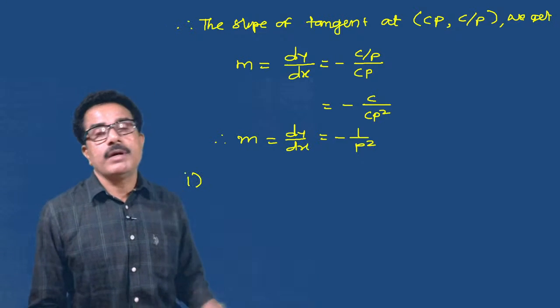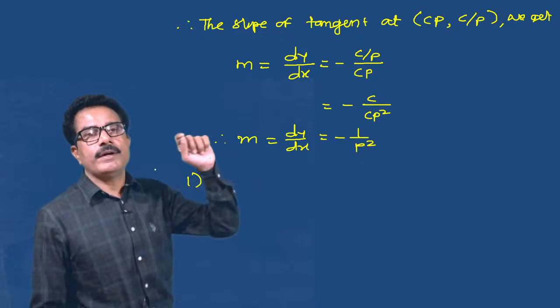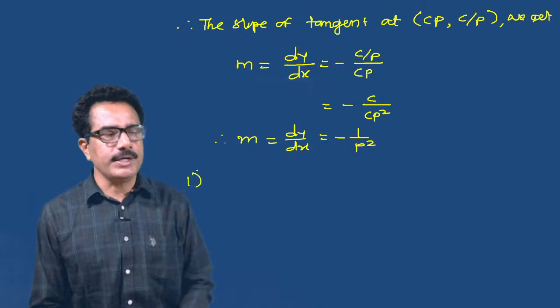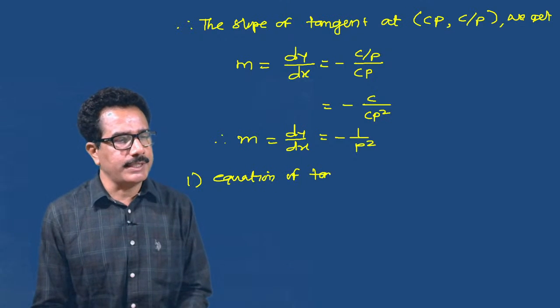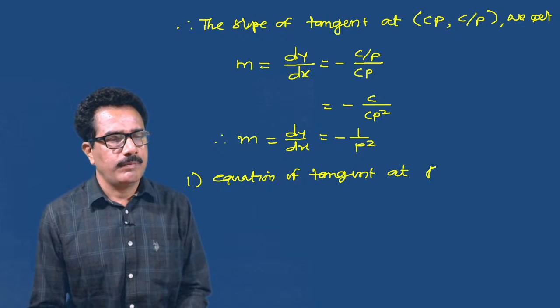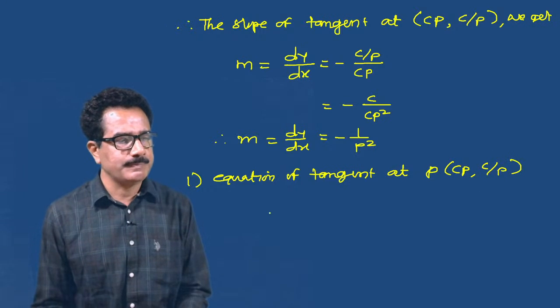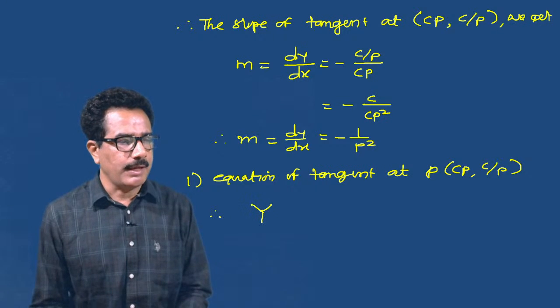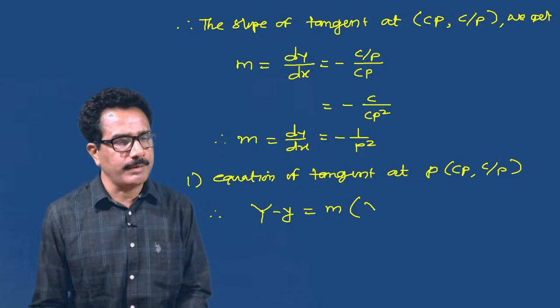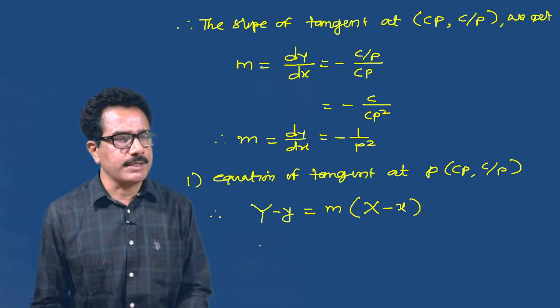So we can calculate the equation of a tangent at a point cp comma c divided by p. So the equation of a tangent at p in a bracket cp comma c divided by p. Therefore, what is the equation? Capital Y minus small y is equal to small m in a bracket capital X minus small x.